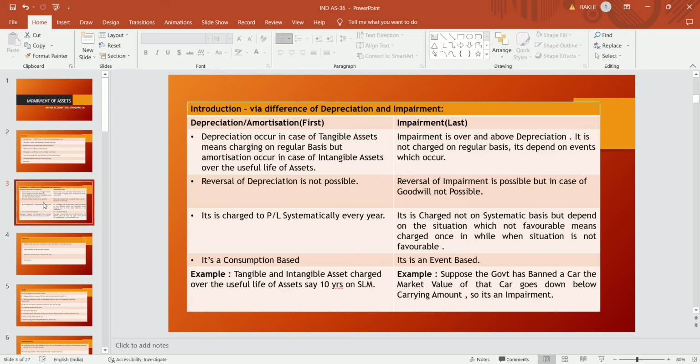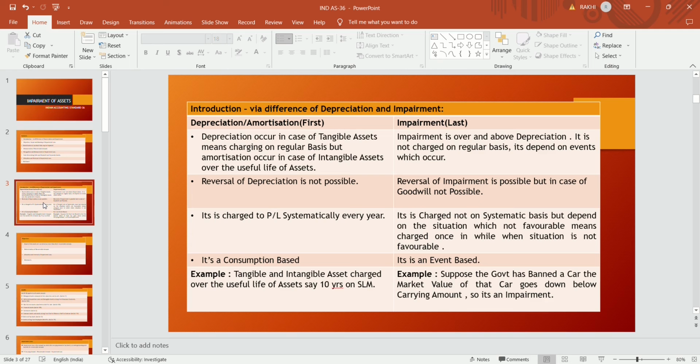Depreciation occurs in the case of tangible assets, charged on a regular basis, but in the case of intangibles we say amortization, which we charge over the useful life of the asset.